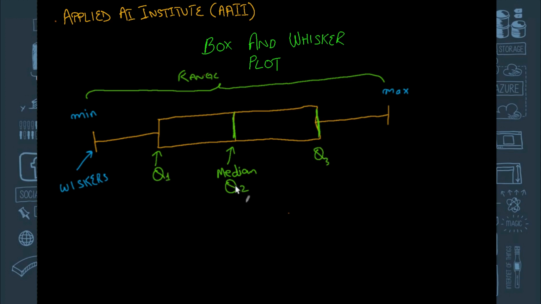Q2 is quite simple. We calculate the median of the overall data, and we plot this line Q2. After plotting the median, we have two sides of our data.